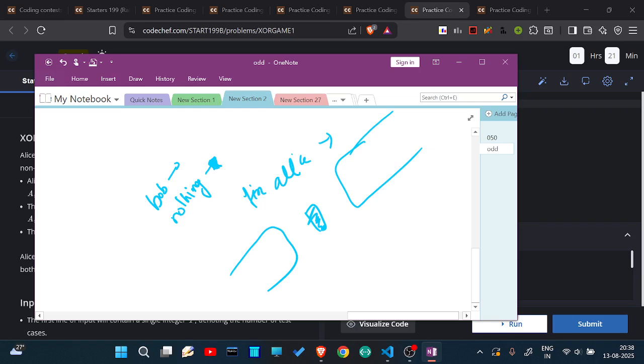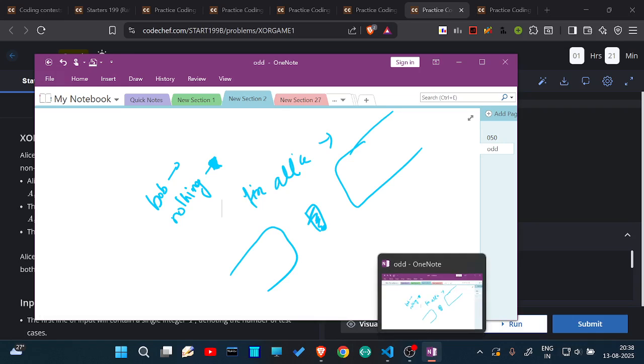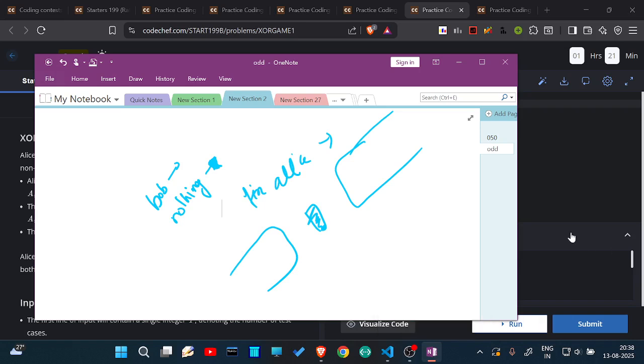What is the minimum XOR that you can get for this? Oh, even count, not count. Alice would merge so that if both of them have that, one of them has this.